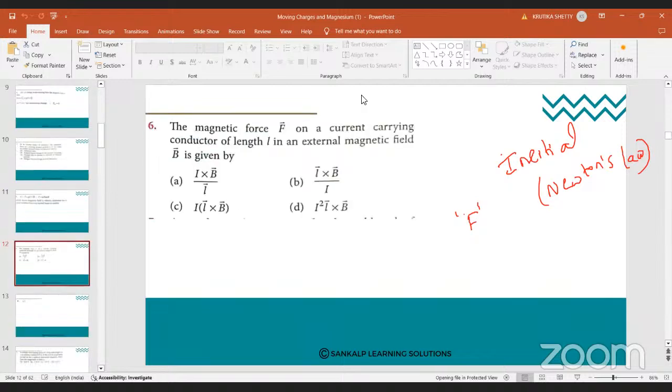Yes, the next question. The magnetic force F on a current carrying conductor of length L in an external magnetic field B is given by.